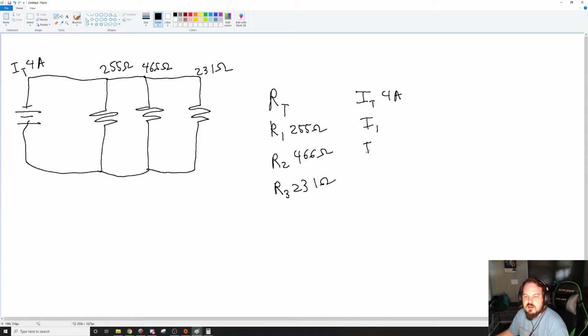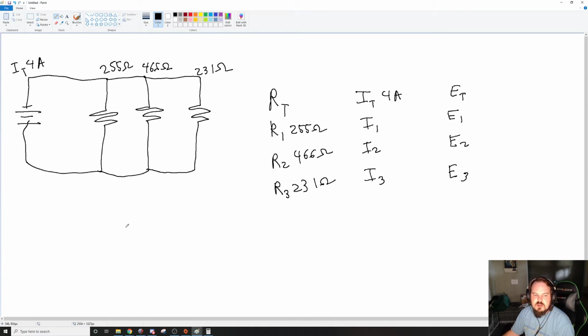I1, I2, I3. E total, don't know. E1, E2, E3. Okay, so we don't know most of the things. We need to combine these 3 together using the reciprocal method. I'll show you that.